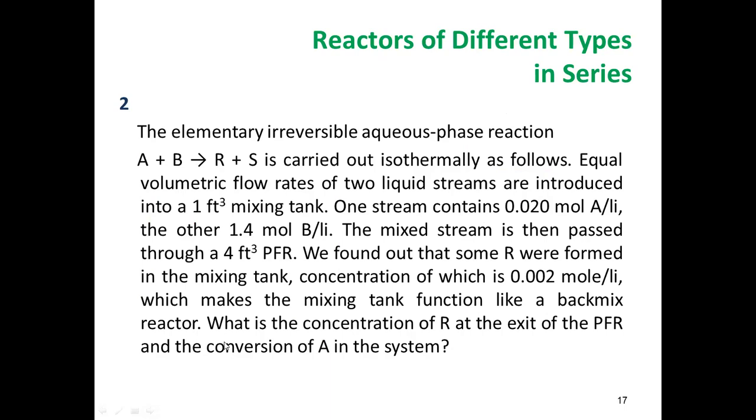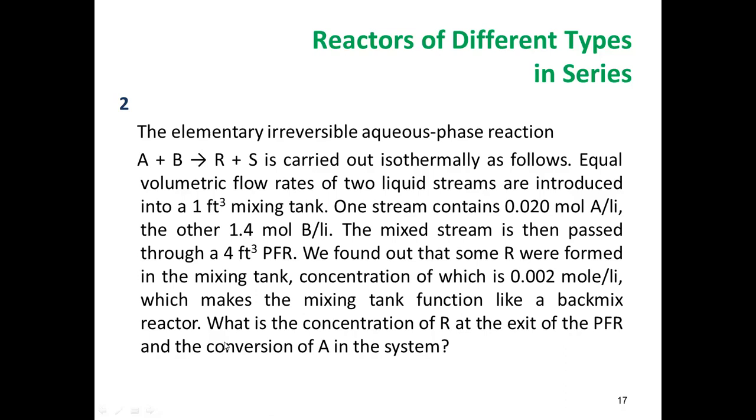One stream contains 0.02 mole of A per liter, and the other is 1.4 mole of B per liter. The mixed stream is then passed through a 4 cubic feet PFR. We found out that some R was formed in the mixing tank, the concentration of which is 0.002 mole per liter, which makes the mixing tank function like a back-mix reactor.